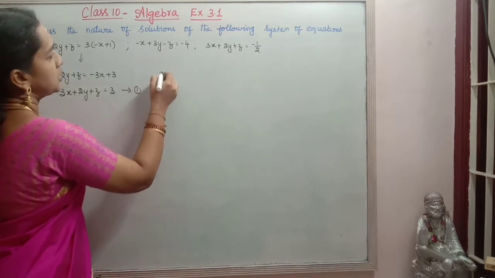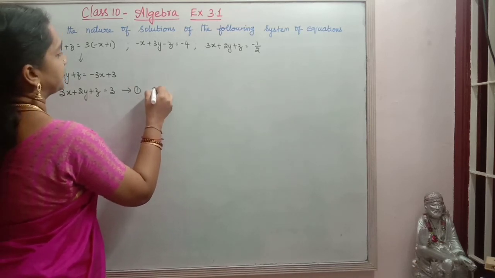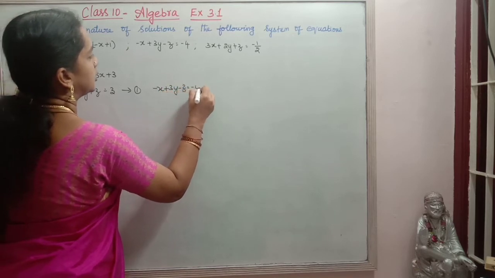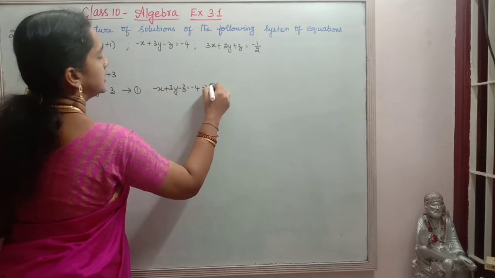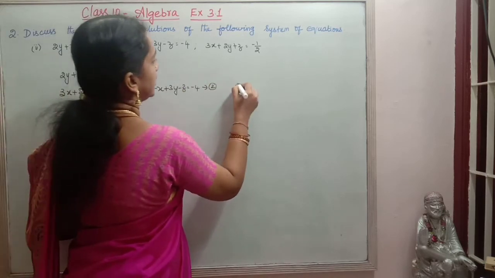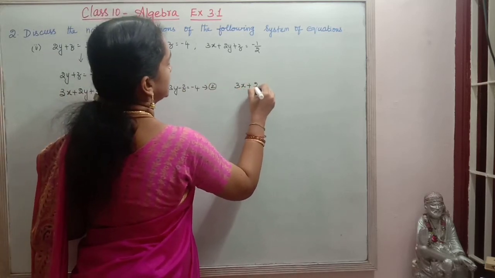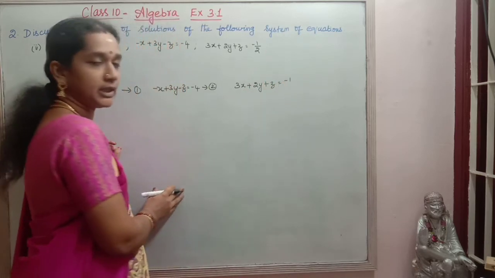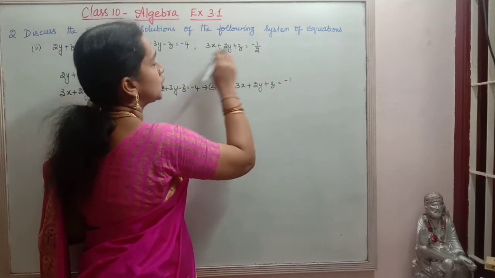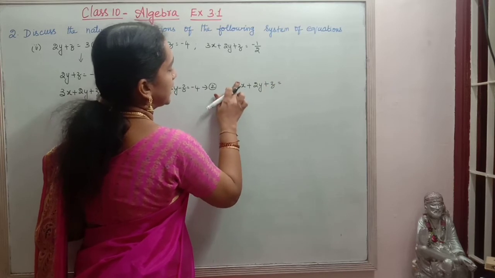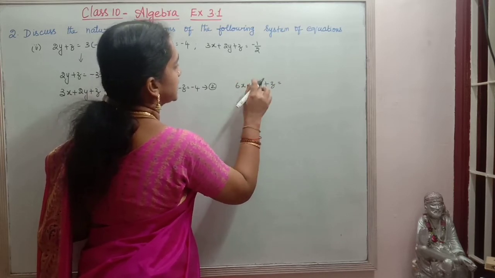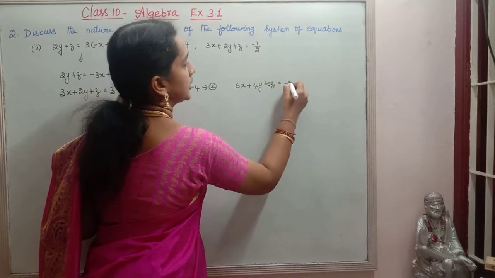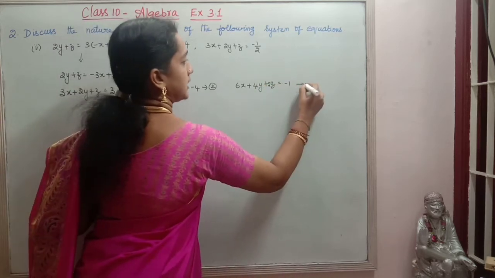Then second one, we will keep it as it is: minus x plus 3y minus z is equal to minus 4. Then third one is 3x plus 2y plus z is equal to minus 1 by 2. So we'll bring this 2 to that side and simplify: 3 2's are 6, 2 2's are 4, then 2z is equal to minus 1. So this is the third equation.